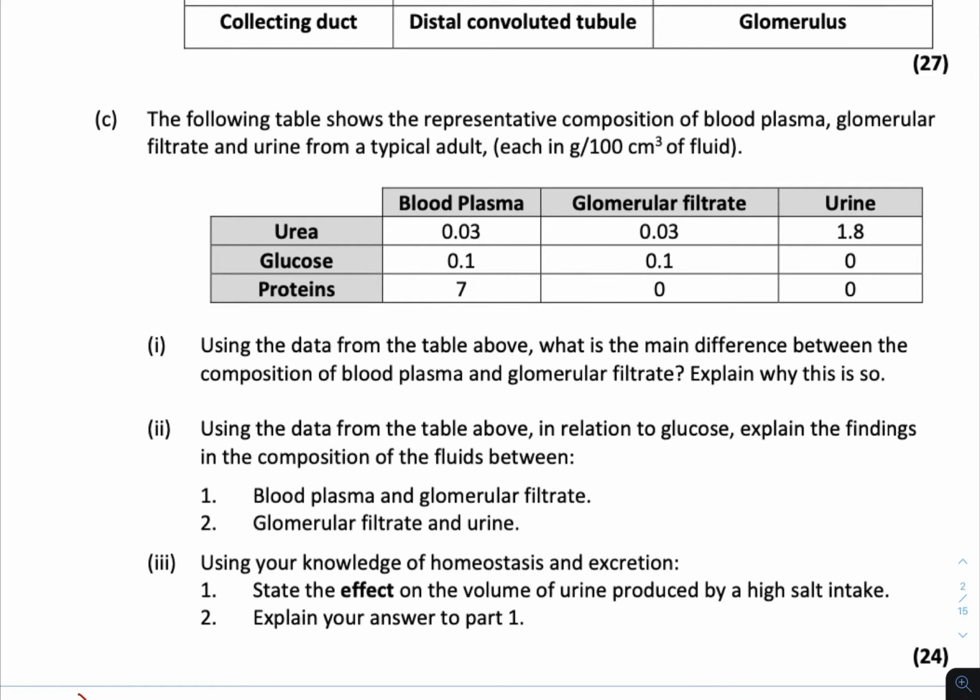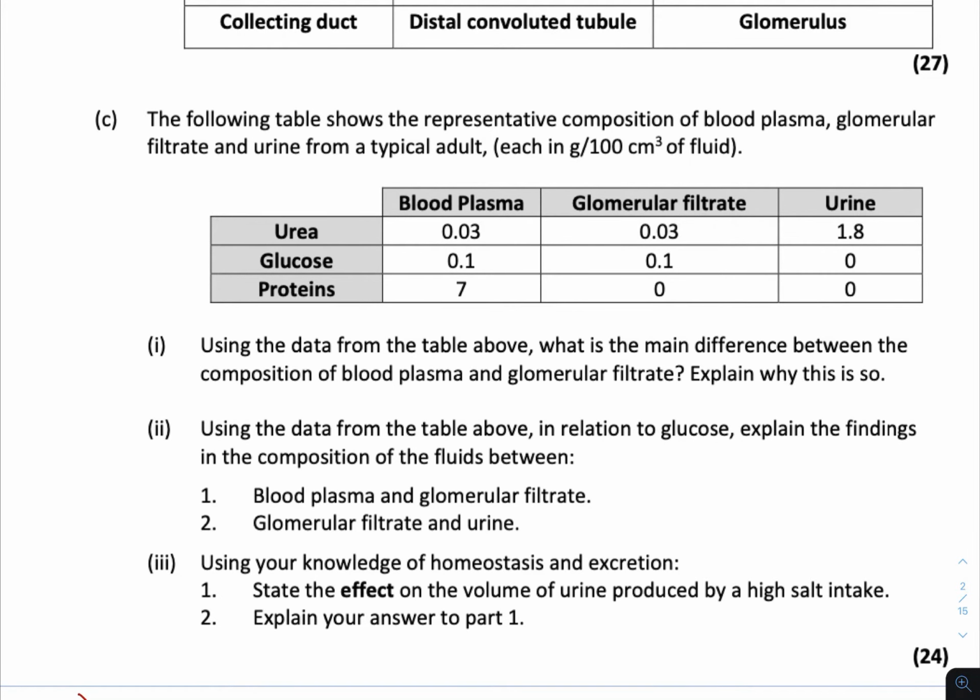Well, the reason is proteins are too large to fit through the glomerulus, and if they cannot fit through the glomerulus, they cannot form the glomerular filtrate. So proteins have to be broken down into their amino acids and so forth, or they will not filter through the glomerulus into the glomerular filtrate.